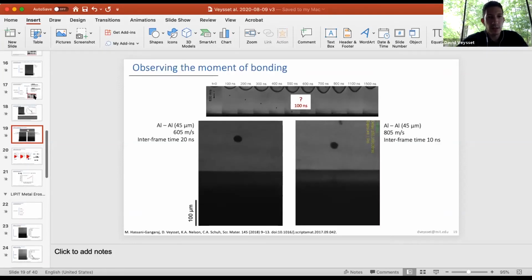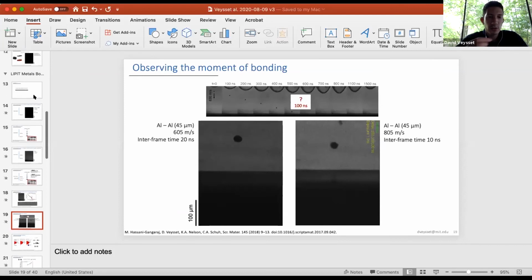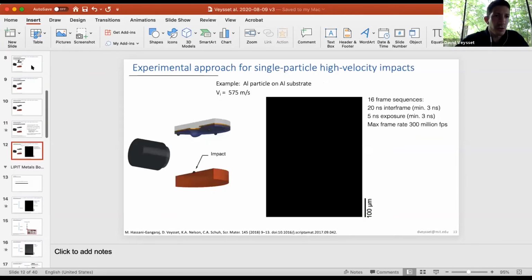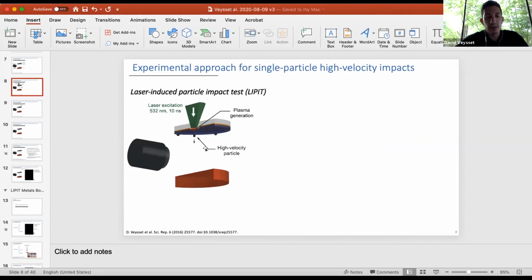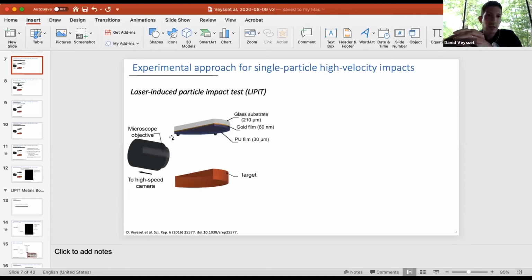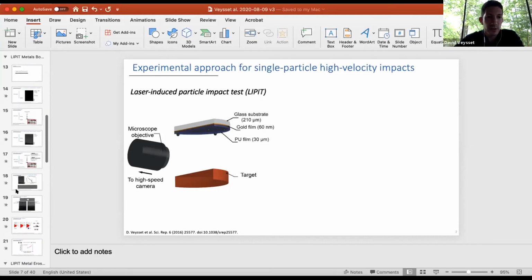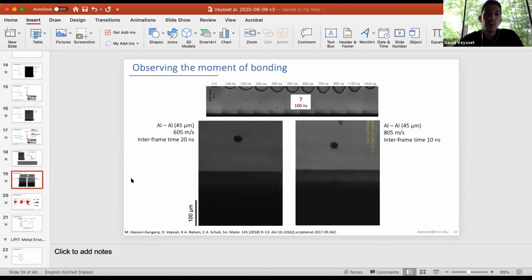This is ensured by the fact that, even though the launch is plasma based, we have a thermal barrier provided by this polymer film, and the particle also travels a relatively long distance before reaching the target, during which, based on our estimations, the particle cools down to room temperature. So the particle is solid and at room temperature before the impact.